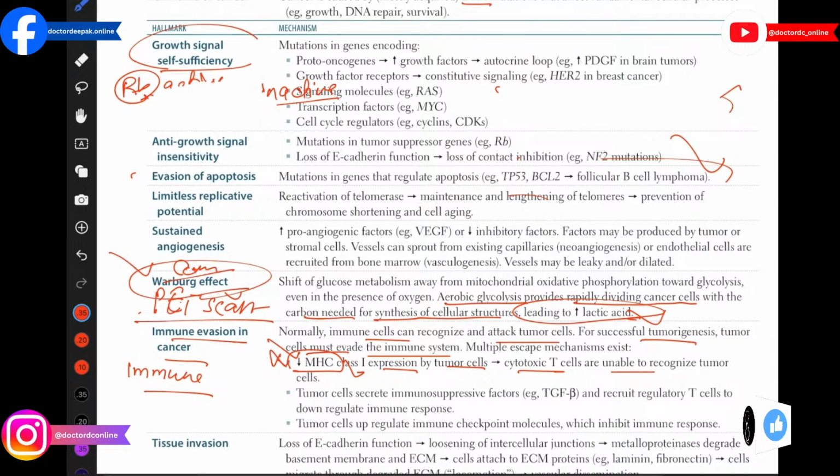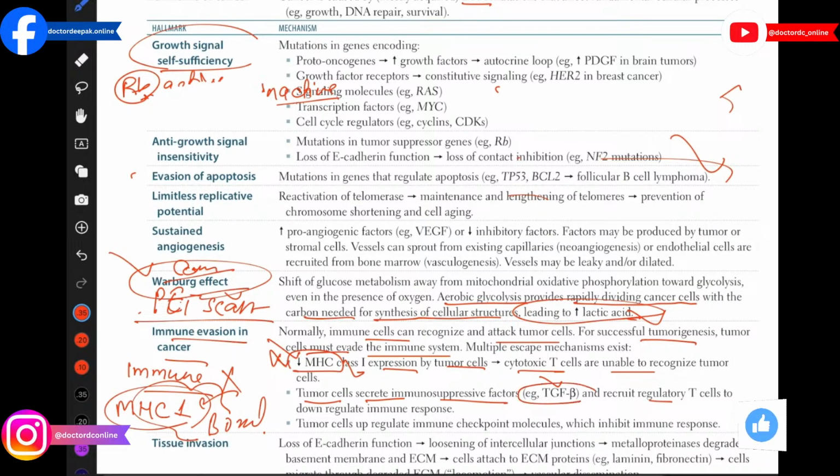It's a simple thing. If a cell is showing MHC class 1, the T cell will detect and destroy it. But when the cancer cell shows decreased expression of MHC, the T cell cannot recognize it and will not destroy it. The second thing is that tumor cells secrete immunosuppressive factors, like tumor growth factor beta, and regulatory T cells regulate the immune response.